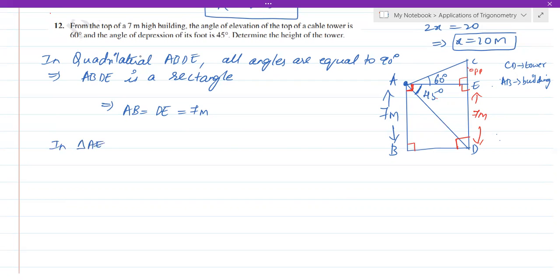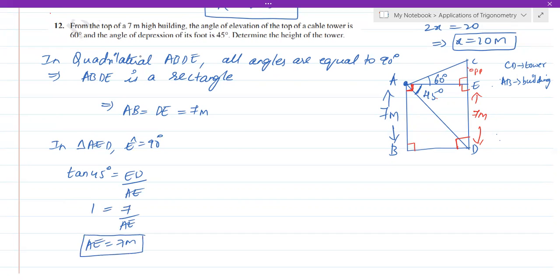In triangle AED, angle E is equal to 90 degrees. Let's make use of tan because the opposite is given. Tan 45, opposite is ED, adjacent is AE. Tan 45 is 1, ED value is 7, so 1 equals 7 by AE. Cross multiply, you will get the value of AE, which is 7 meters.